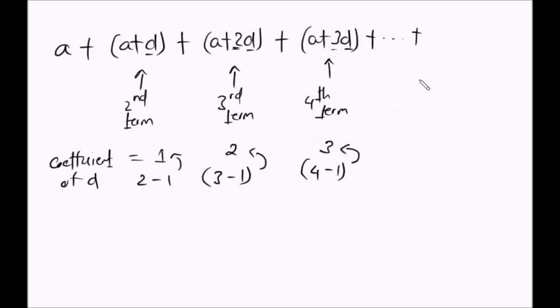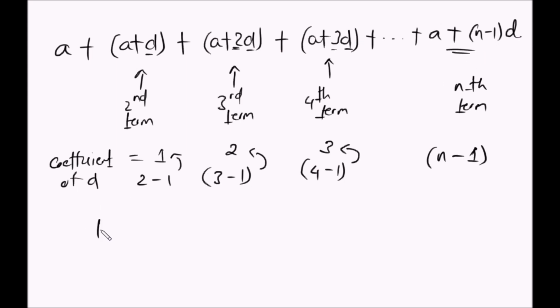Now if we have n terms, the nth term now is going to be a plus the coefficient of d, which is n minus 1. So it's going to be a plus n minus 1 times d. So for an arithmetic progression, for an AP, this we call the nth term.